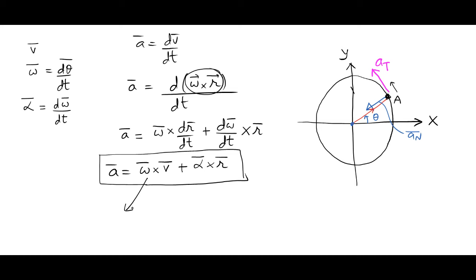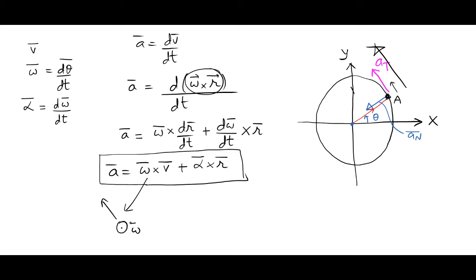In the picture, you see that the particle is moving in the anticlockwise direction like that, and therefore if you apply the right hand rule, then omega bar is actually coming out of the computer screen, and v bar is in the forward tangential direction, so it's like this, in this direction.